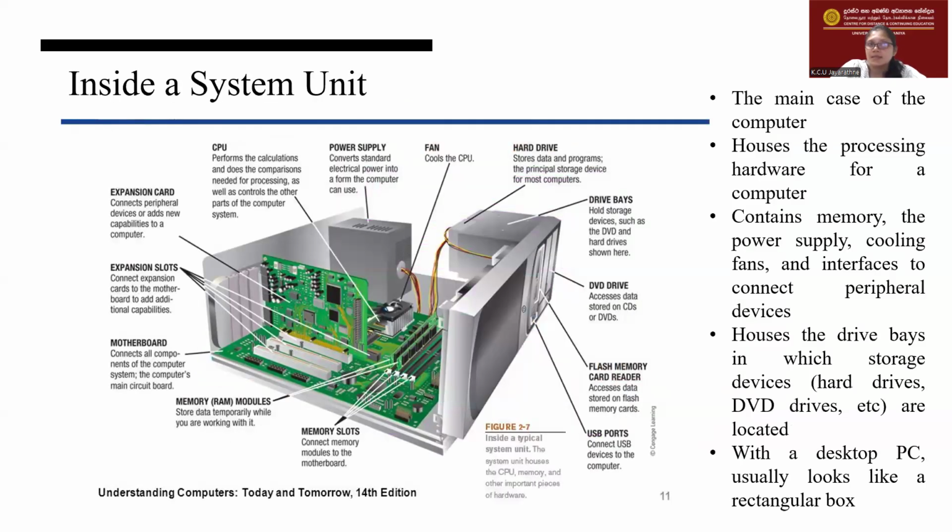So what are the components in the system unit? The house of the processing hardware of the computer is the system unit. The system unit consists of memory, power supply, and cooling fans, as well as interfaces to connect devices. It also houses the drive bays in which storage devices such as hard drives and DVD drives sit. The system unit is a rectangular box.